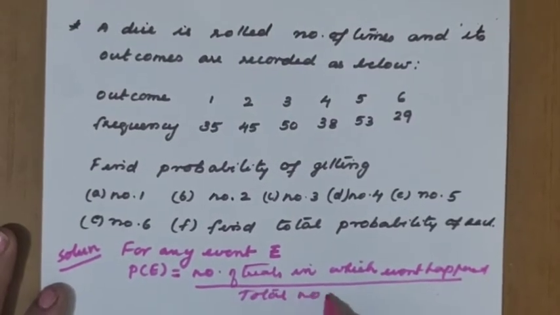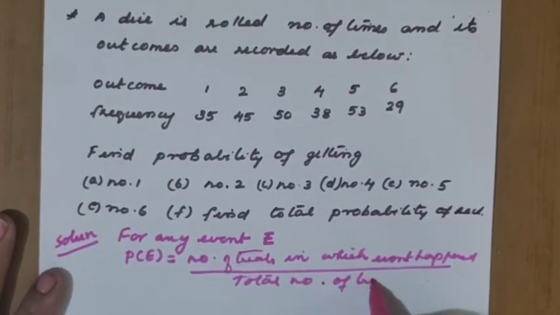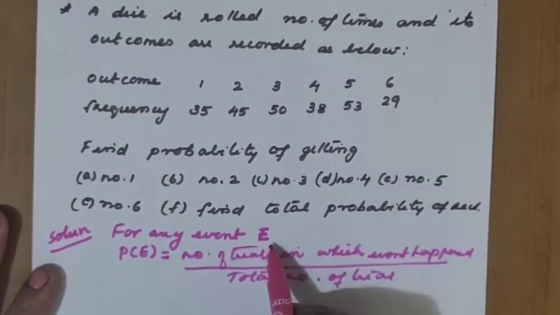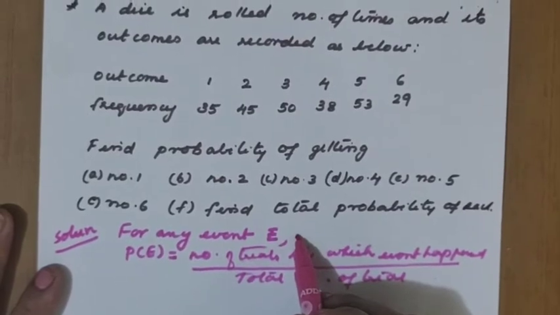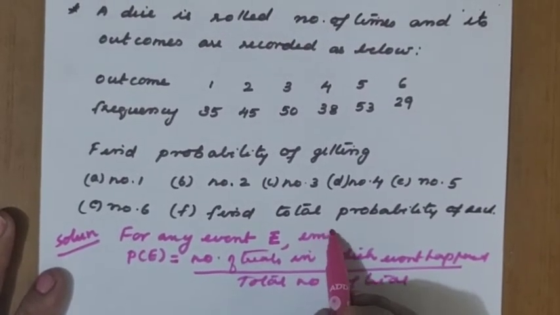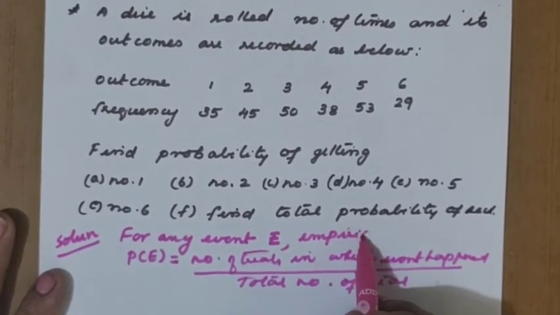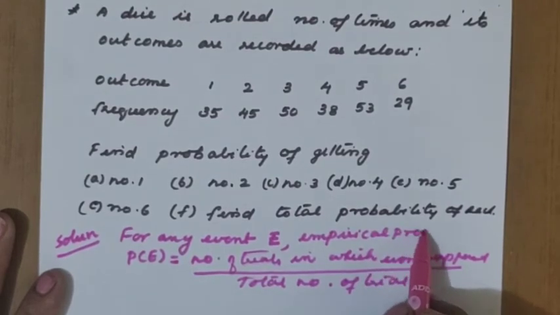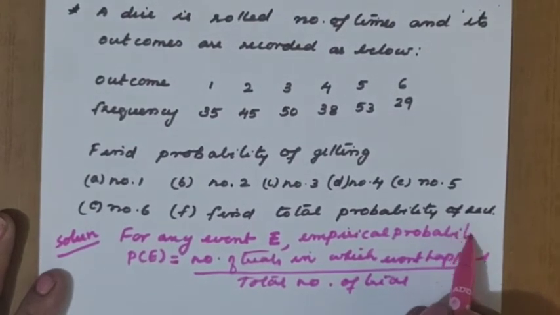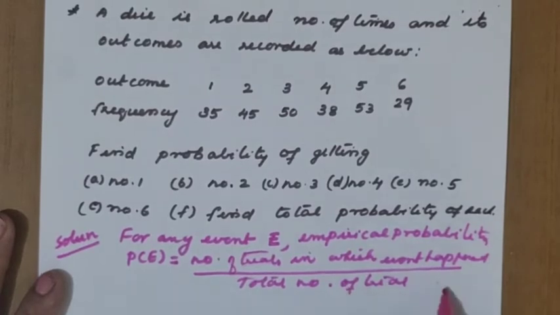Because many sub questions are there, first we write the formula for any event E. Which probability did we learn today? We learned empirical or experimental probability. P of E equal to number of trials in which event happened divided by total number of trials.